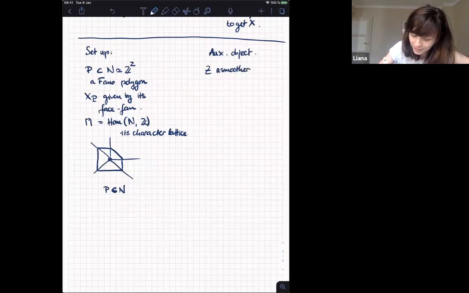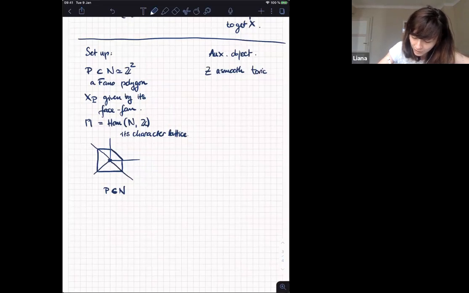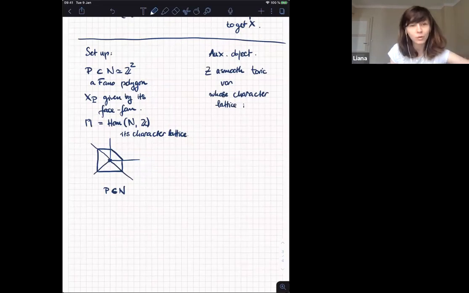Toric variety whose character lattice is N. So whose fan lives in M, the dual lattice of N. There's going to be quite a little bit of shifting between left and right, M and N. So I'm hoping you guys are a bit comfortable with what is left and what is right. Otherwise, I hope you don't have a driver's license.